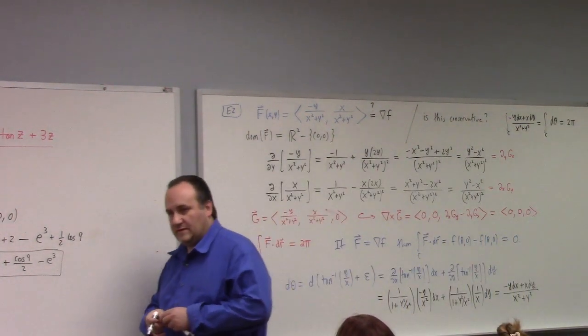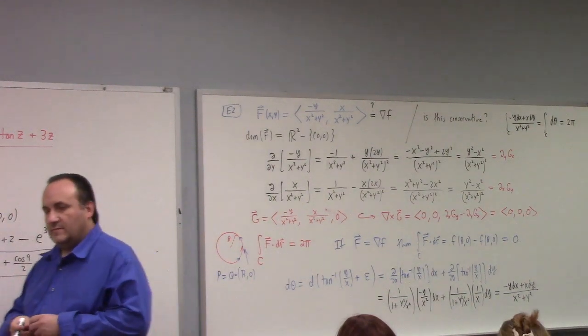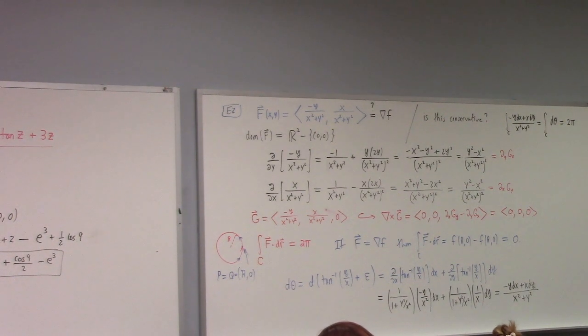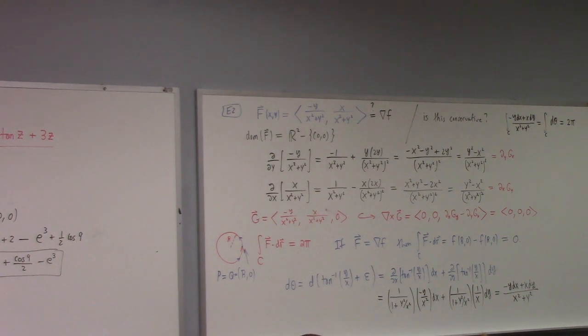That's how to understand this example. But I still have to come back to my question, why is it not conservative? Besides the reason I already gave you, that if it was, we'd be able to, by the fundamental theorem of calculus for line integrals, prove the integral around the circle is 0, and it is not. What's the rub?